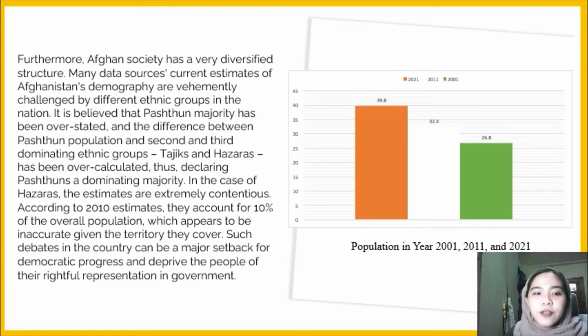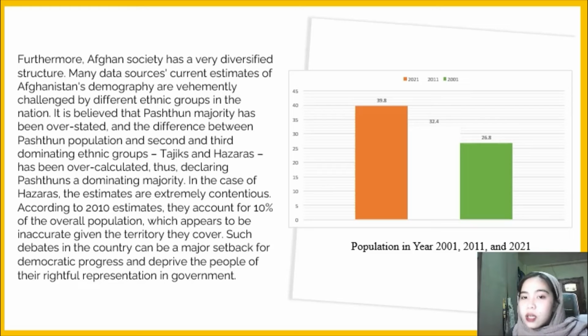In the case of Hazaras, the estimates are extremely contentious. According to the 2010 estimates, they account for 10% of the overall population, which appears to be inaccurate given the territory they cover. Such debates in the country can be a major setback for democratic progress and deprive people of rightful representation in the government. So even the minorities and majorities have discrepancies.